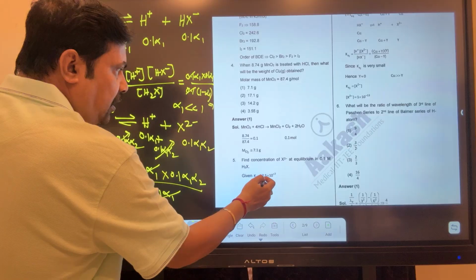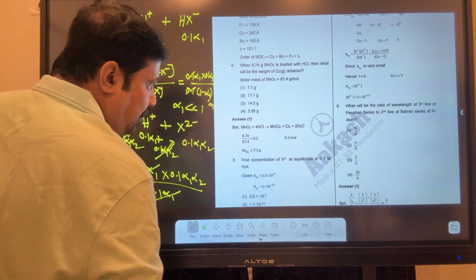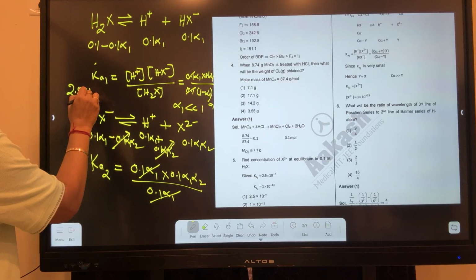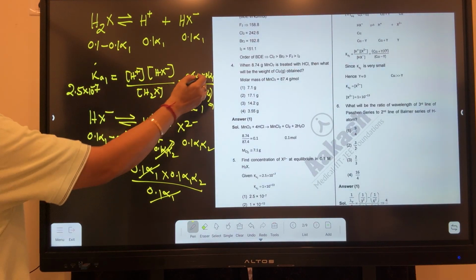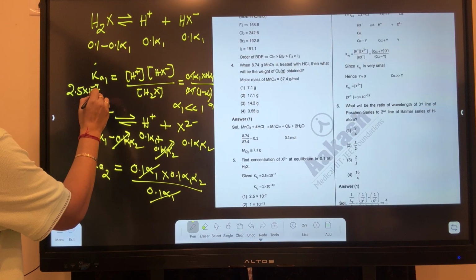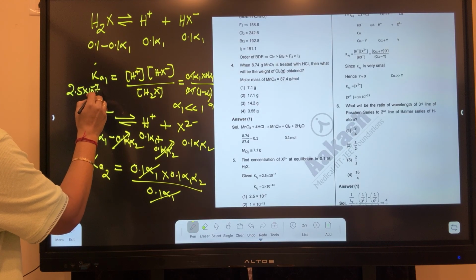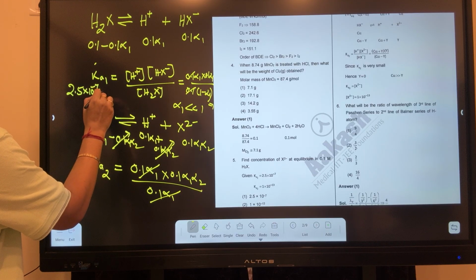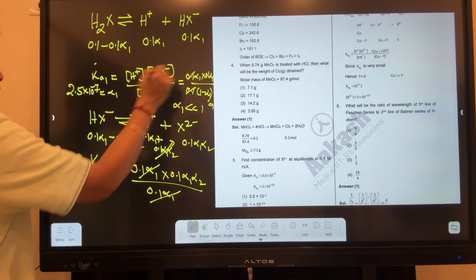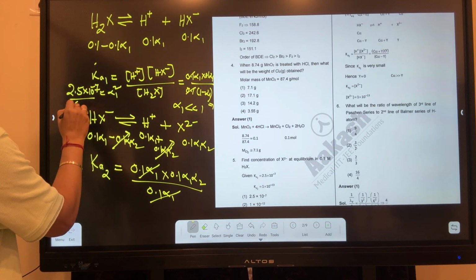K1 equals, they already provided, 2.5 into 10 to the power of minus 7. Then K1 equals 2.5 into 10 to the power of minus 7, and already we have 0.5 here. So then immediately what can we get over here? Alpha 1 square will be equal to that divided by 0.1.